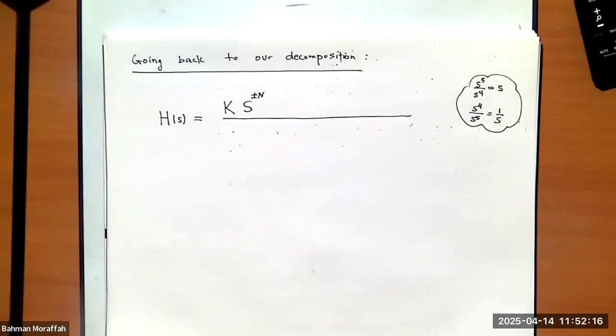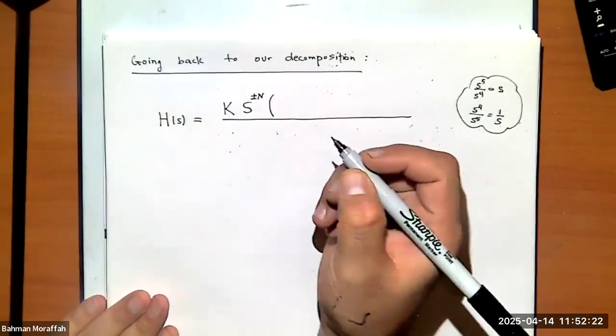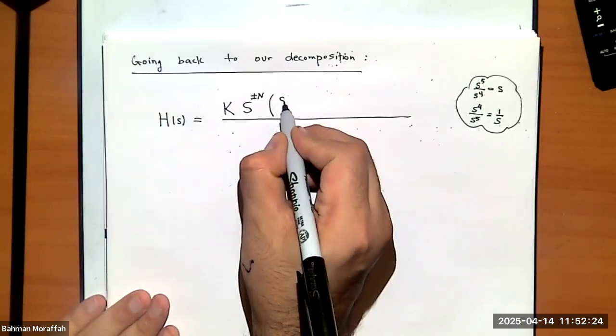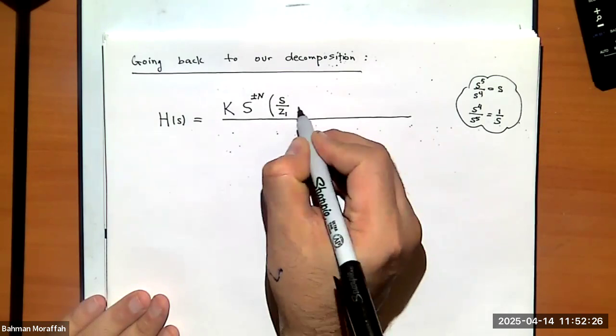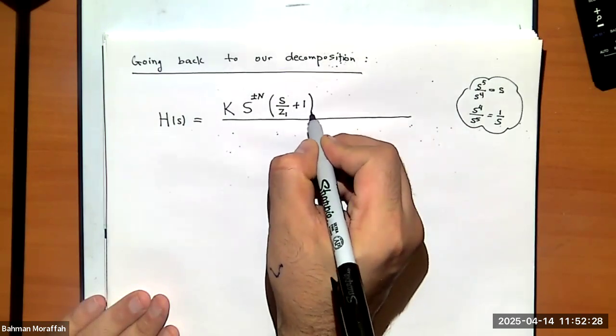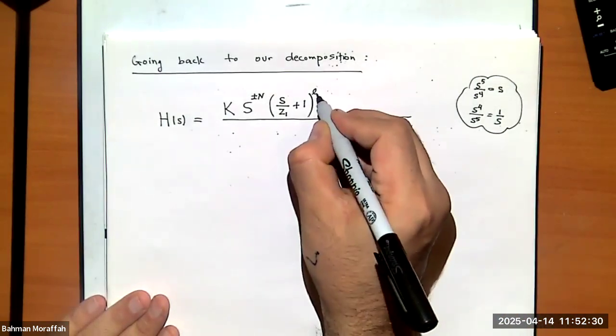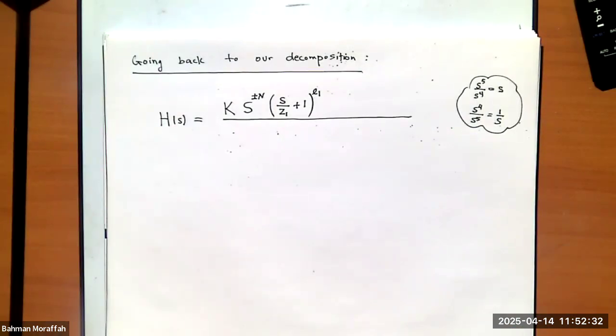I combine these, so I can write it in terms of s to the power of plus or minus n. For simple zeros, I can write it as s over z1 plus 1, to some power r1, the multiplicity of this being 1.